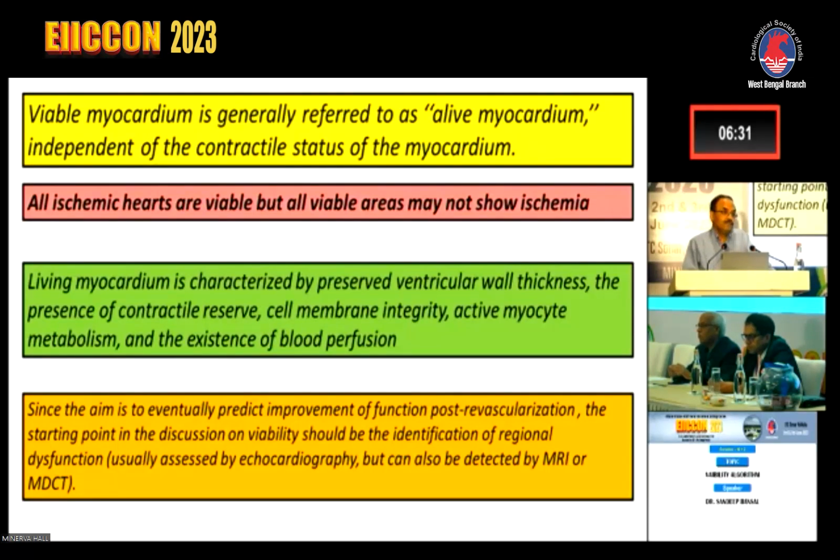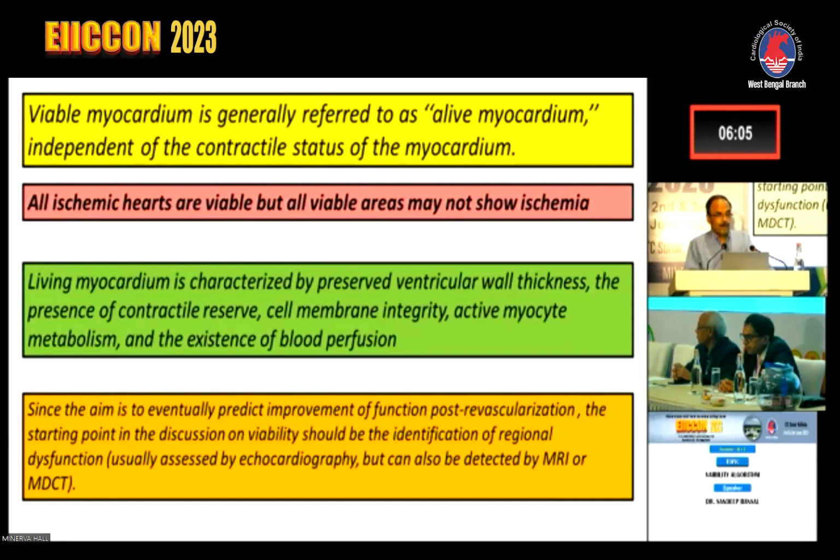And this metabolism needs some amount of perfusion by the blood. It can be an antegrade blood flow, and many a times we find that there is 100% block, but the artery is getting perfused through ipsilateral or contralateral collaterals. So the existence of blood flow is also very important.